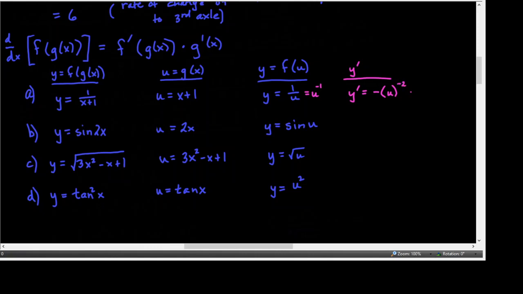Then we're going to multiply by the derivative of our inside something. So this is going to be negative 1 over u squared, and remember our u was x plus 1, times the derivative of x plus 1, which is 1. So our final answer is the opposite of 1 over x plus 1.